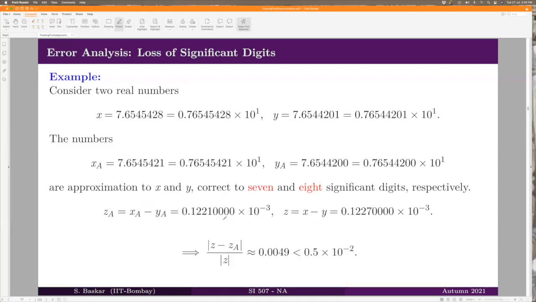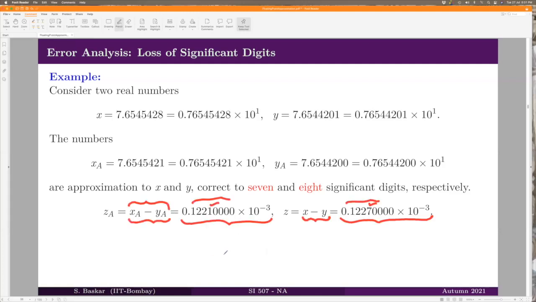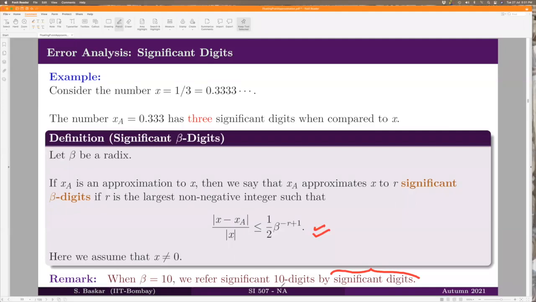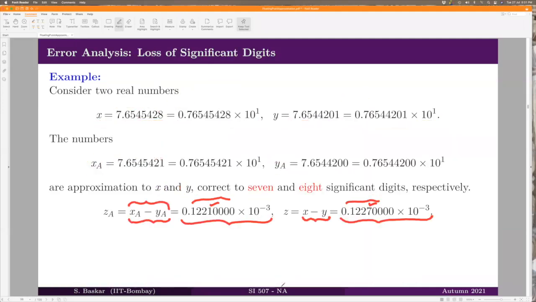Now, what is the relative error? You can see that the relative error in za when compared to z is this number, and you can easily see that it is less than 0.5 into 10 to the power of minus 2. Why did I make this estimate? Well, I want to see how many significant digits are there in za when compared to z, so I am trying to apply this formula to arrive at the number of significant digits.